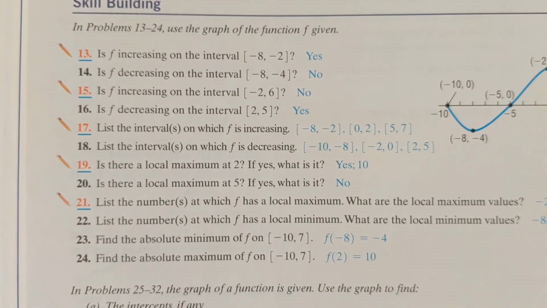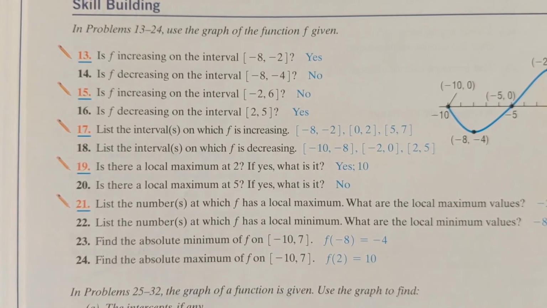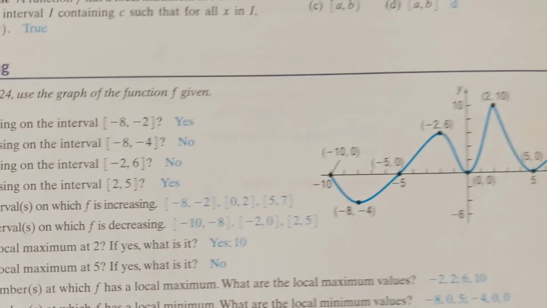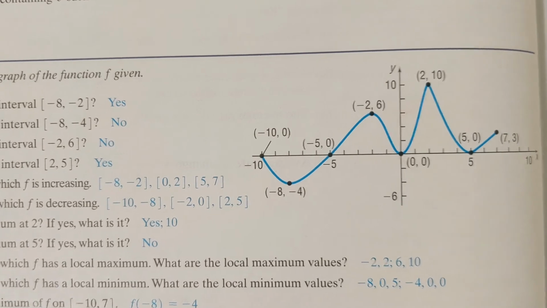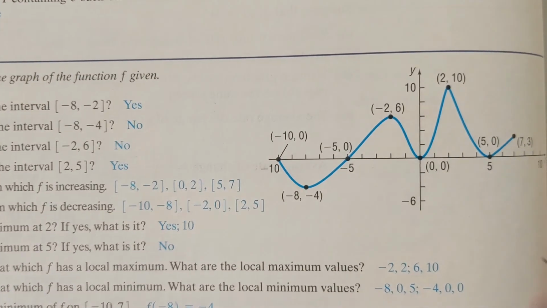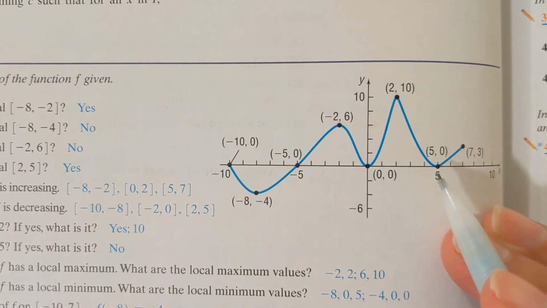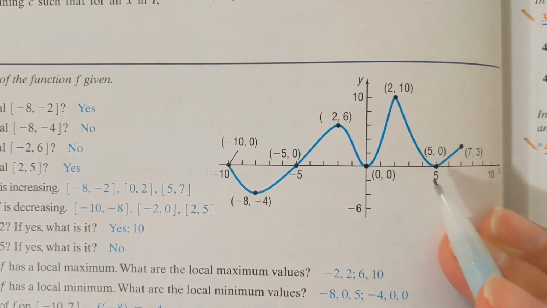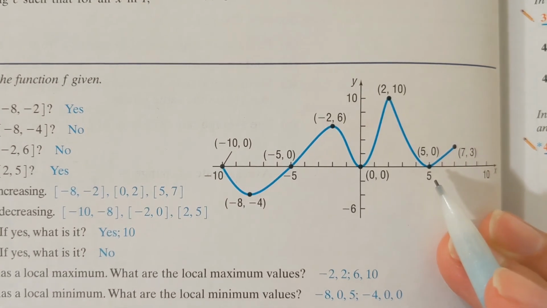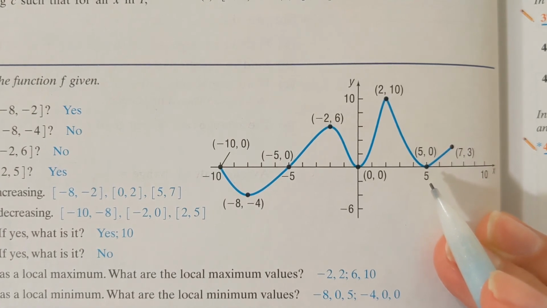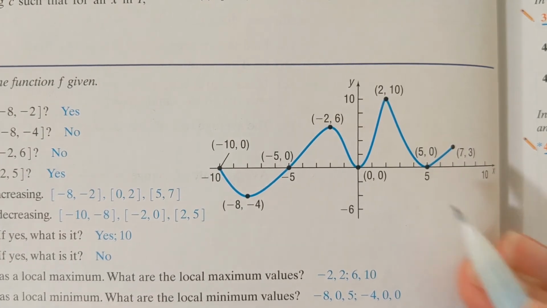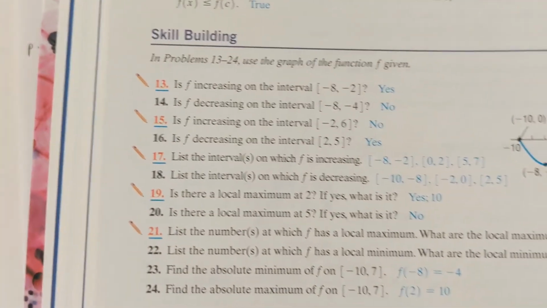Problem 20, is there a local max at 5? If yes, what is it? Well, at 5, no, there's a local min right here at 5, 0, which is not a local max. Problem 22.